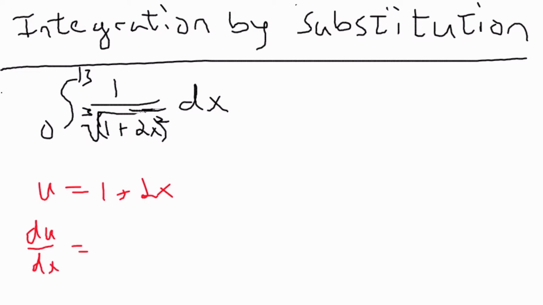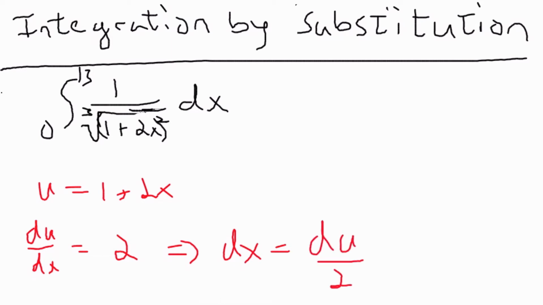Now this derivative is equal to 2. Now I'm going to solve for dx. So I'm subbing in u for 1 plus 2x, and dx is equal to du over 2.